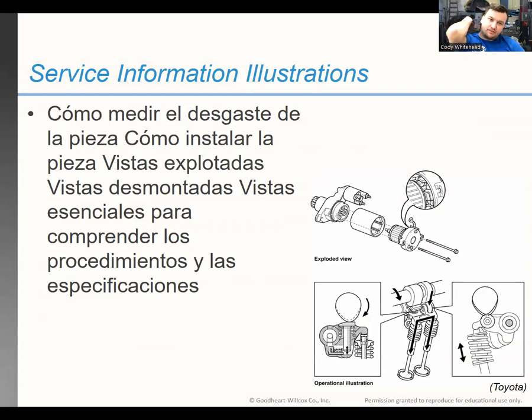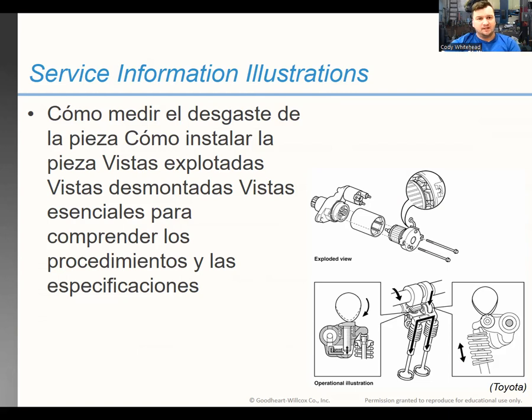All right, service information illustrations. This tells you how to measure part wear, how to install parts. Exploded views, like the picture to the right here on the top, show you the part taken apart, so you can see how it goes together. Disassembled views. Essentially, all this stuff is essential for understanding procedures and specifications.